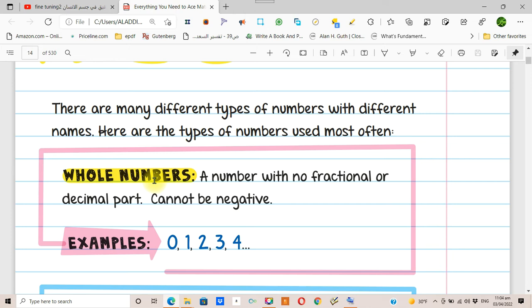When the teacher says whole numbers, or when a mathematician says whole numbers, what do they mean by whole numbers? They mean a number with no fractional or decimal part.